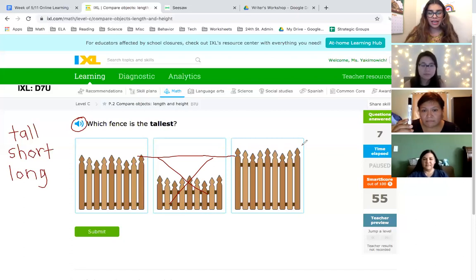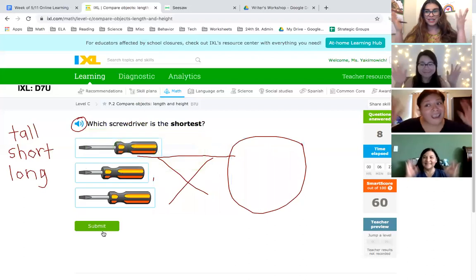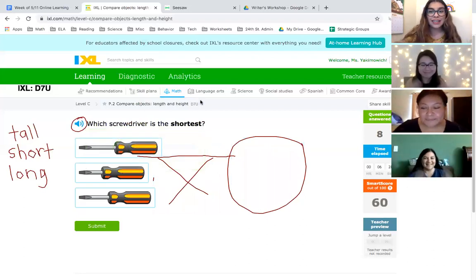So I'm going to guess from looking at it that this is the tallest object because it's taller than the other two objects that I see. I'm going to click on that answer, and let's see if it is correct. So I clicked on my answer and then I press submit. Awesome job.